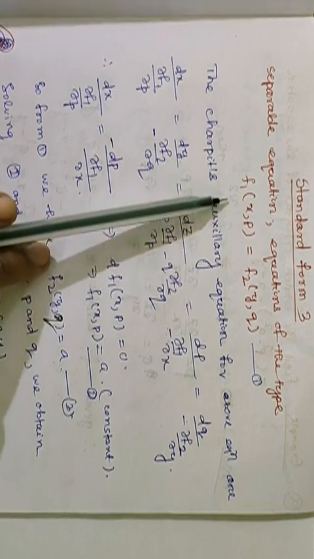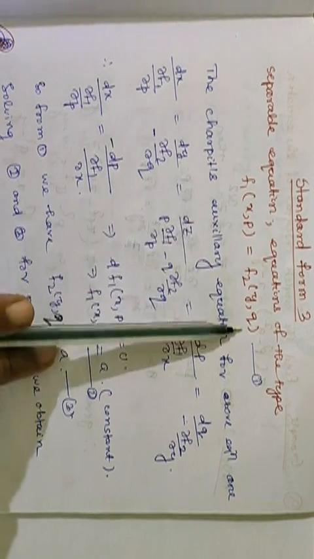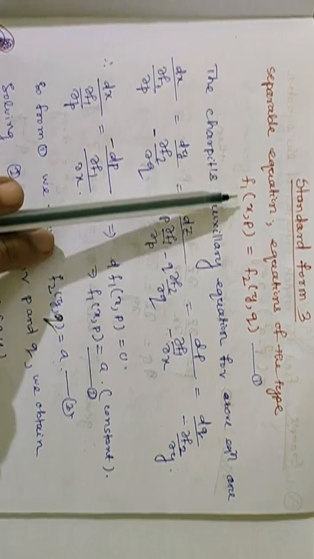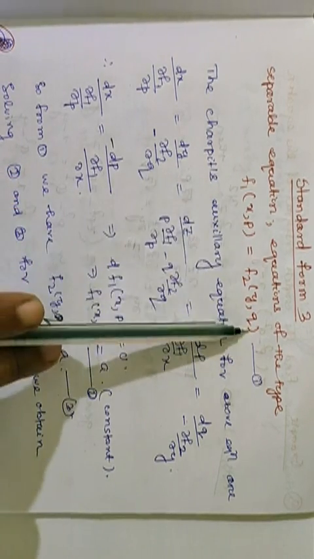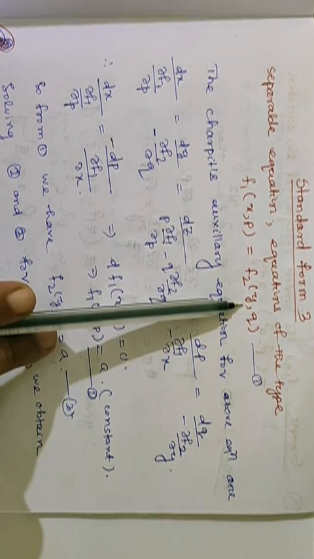So when a given equation is of this form, we directly put f1(x)p = a = f2(y)q and solve for p and q in terms of x and y.